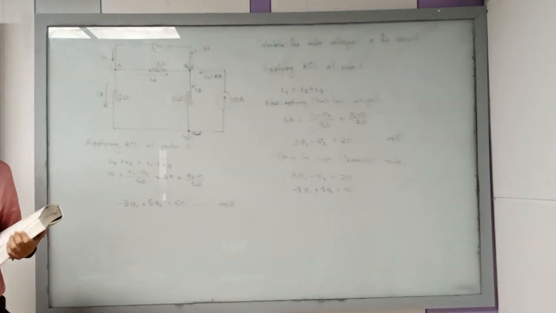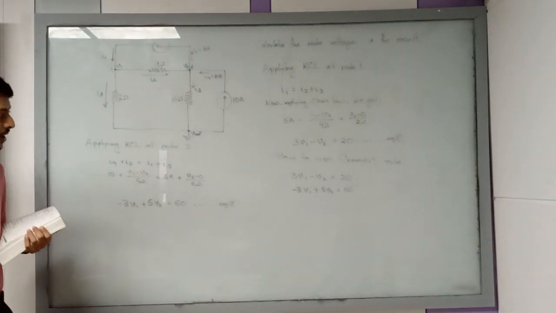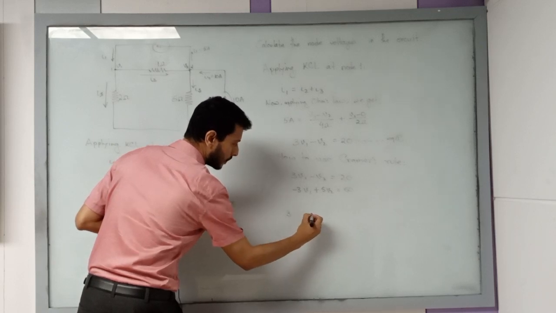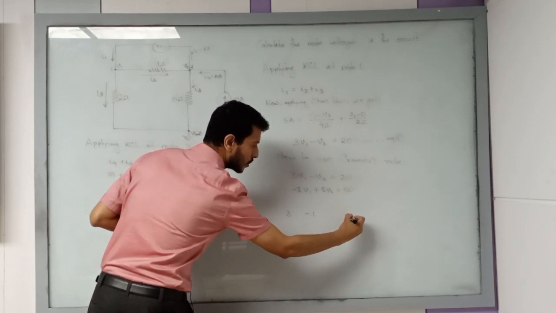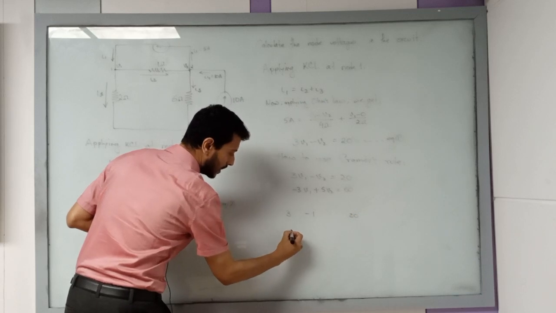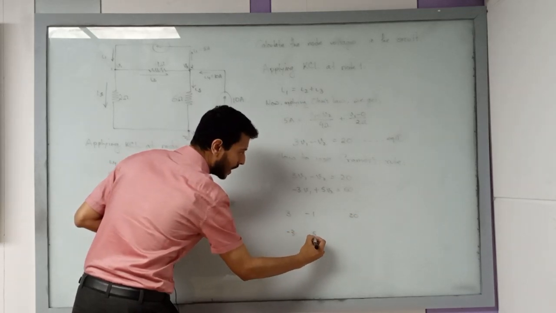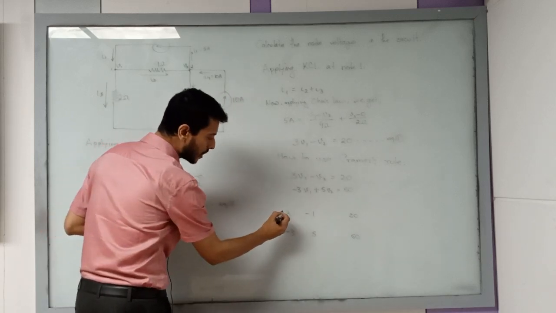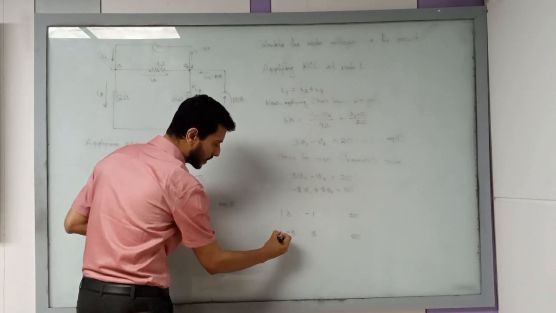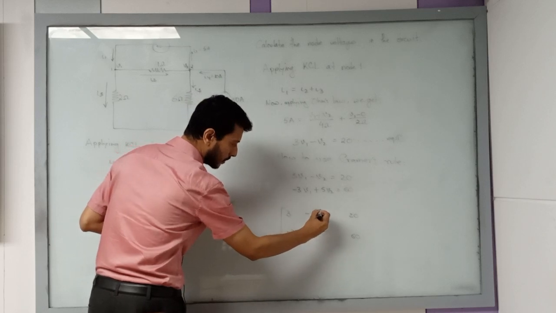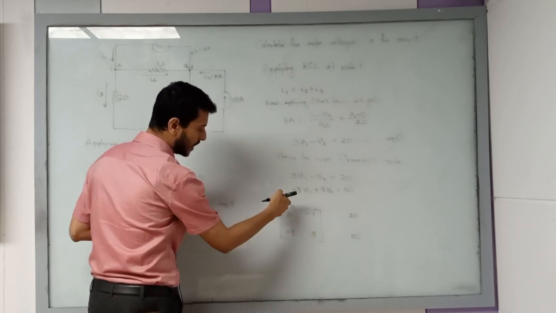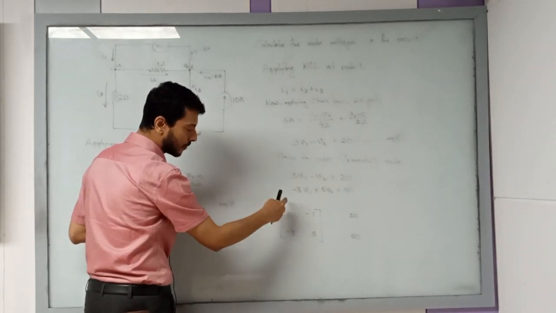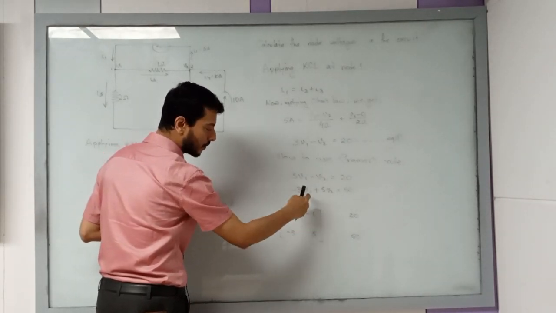ঠিক আছে, first you write the equations then you put the constant values 3 minus 1 20, minus 3 5 60. Okay, so bring them in matrix form. So basically this is v1 and this is v2, this column is for v1 and this is for v2.